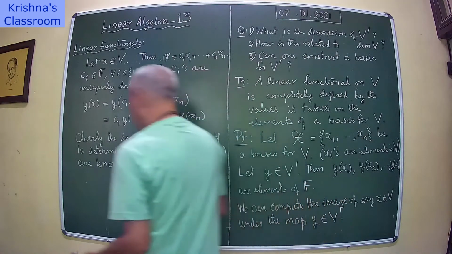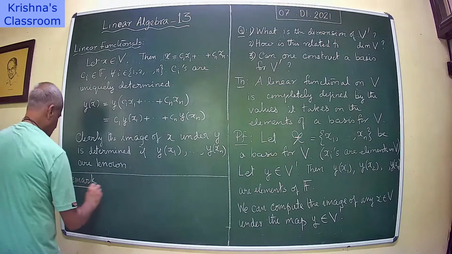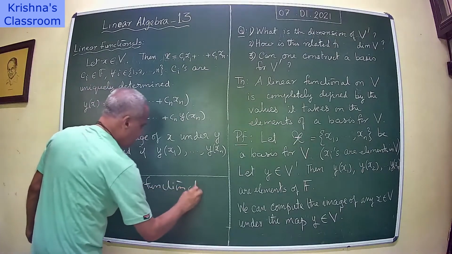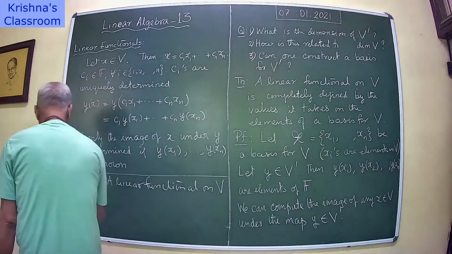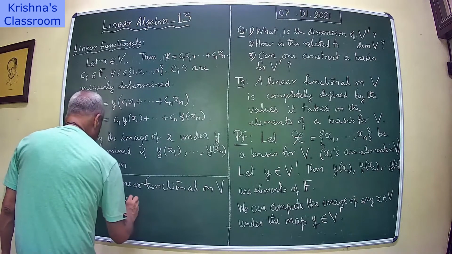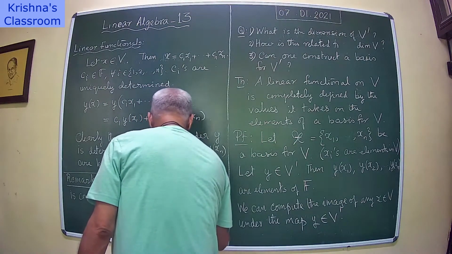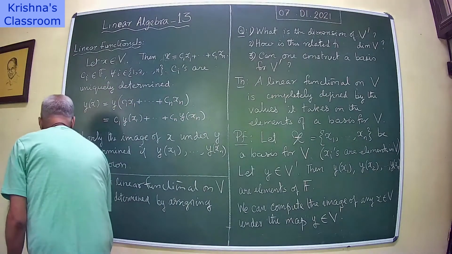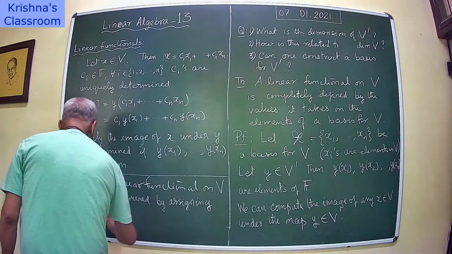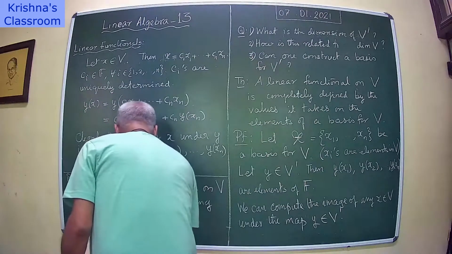Therefore, a linear function on V is completely determined by assigning specific values for y at x1, x2, up to xn.